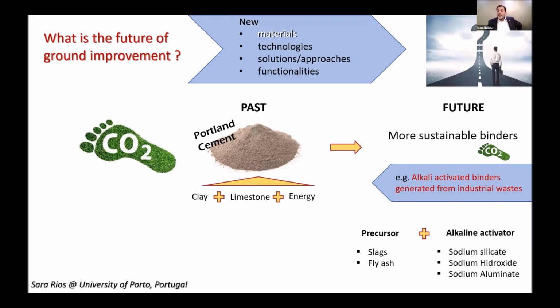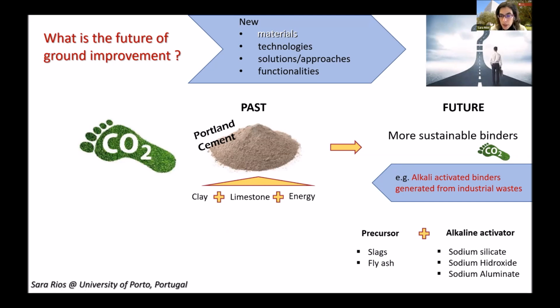And so where do you go to get the precursor? I can go to a steel industry that has slags, for example, iron slags or steel slags, or I can use fly ash, for example, from the coal thermoelectric power plants.